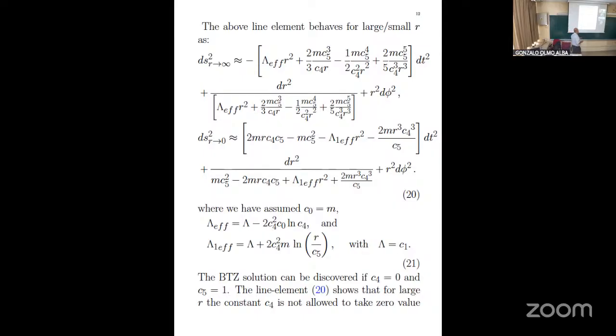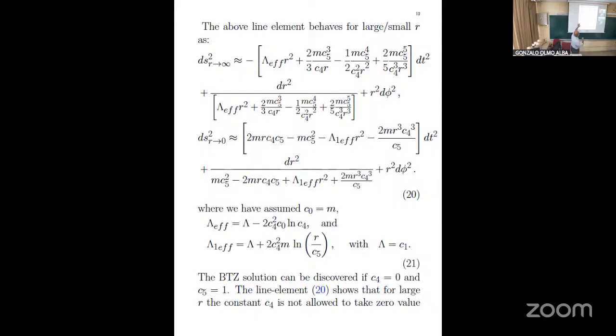Okay, so of course the referee asked me what this means. I had no specific answer because we need to extend the study of this solution. We need to calculate the geodesics and see what will happen for this solution for large r, what happens when C4 equal to 0.